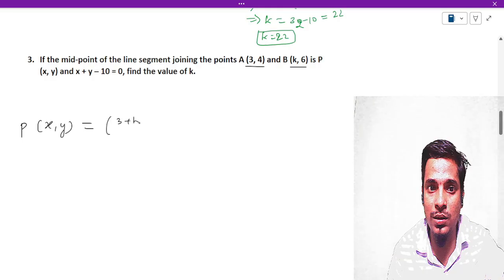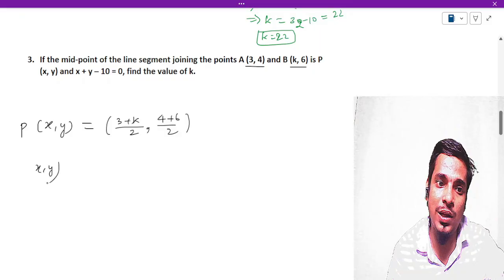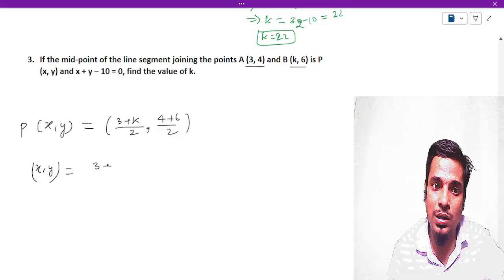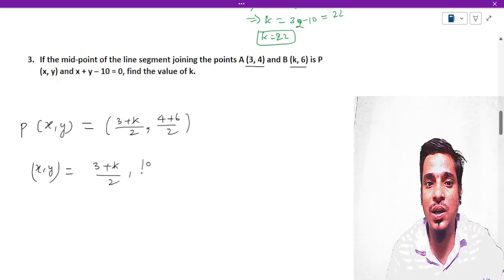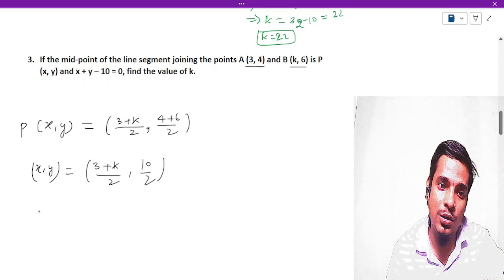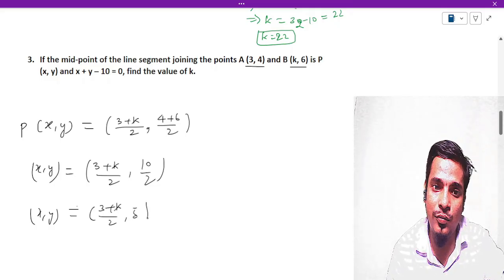So 3 plus k by 2 comma 4 plus 6 by 2, the sum of y coordinates, right? Now x comma y is equal to 3 plus k by 2 comma 6 plus 4 is 10 by 2, right? So x comma y is equal to 3 plus k by 2 comma 5.